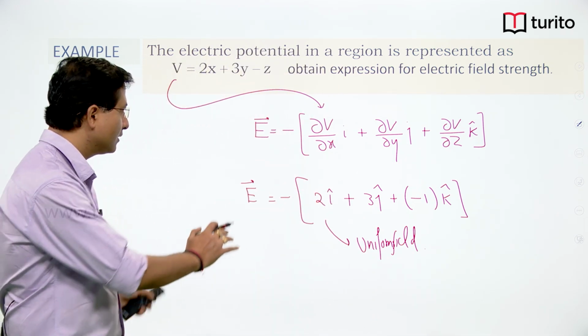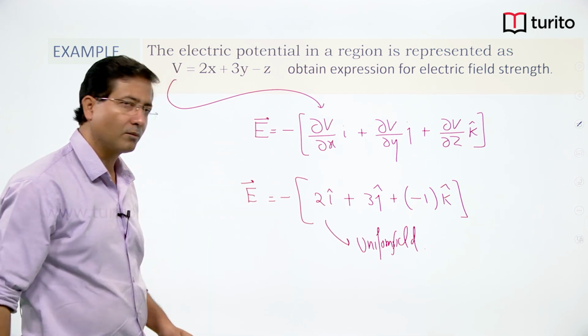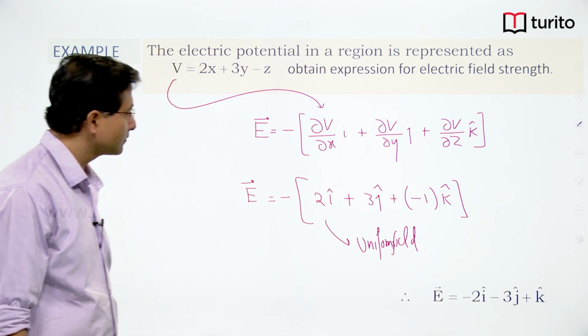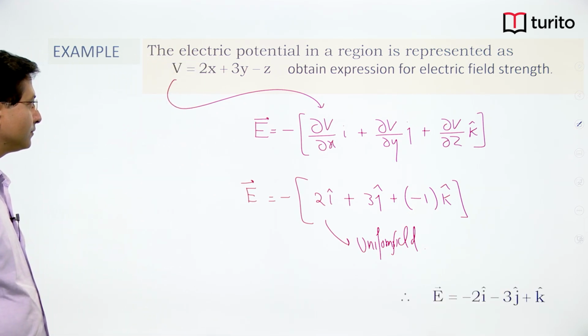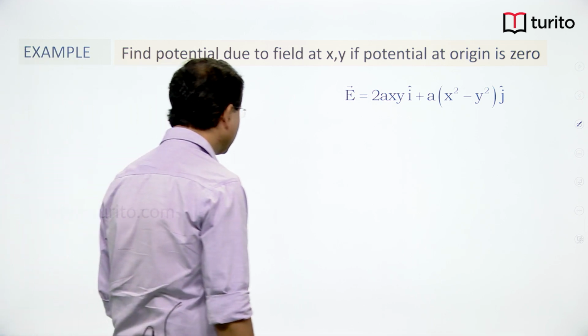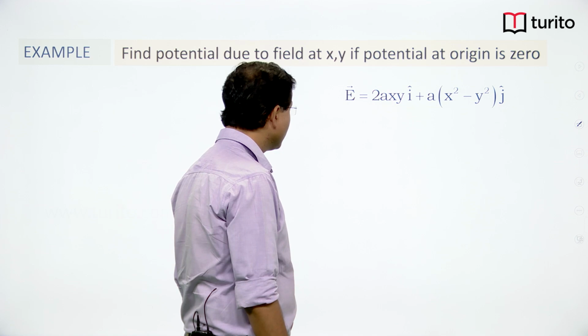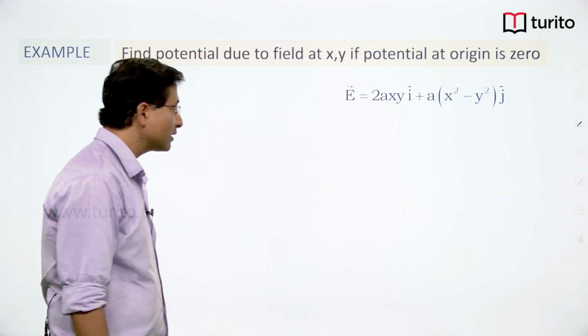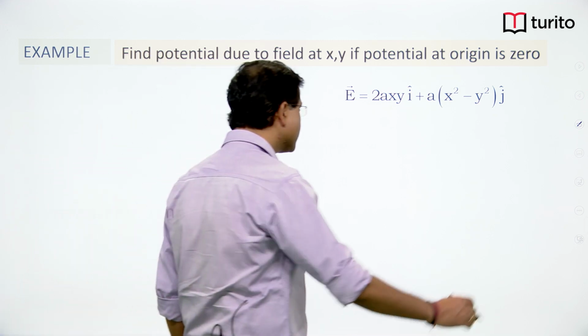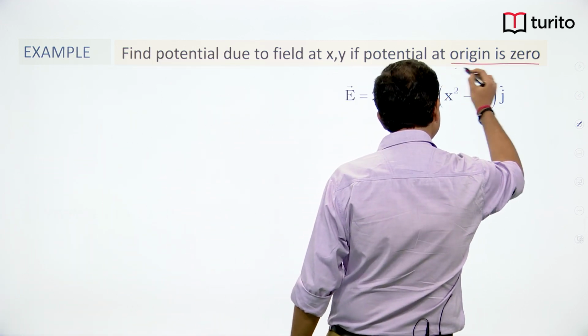I hope the application of this formula is clear. Let us see another example. Find the potential due to field at x, y if the potential at origin is 0. So reference is given to you, this is the reference.